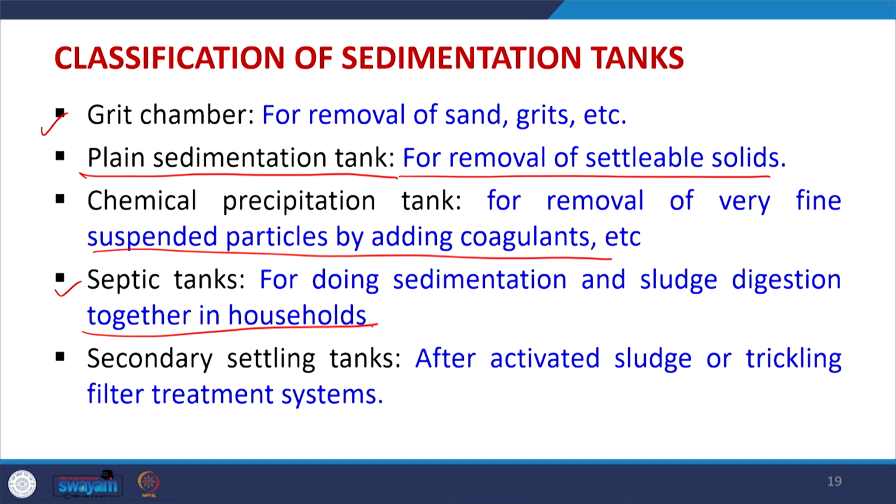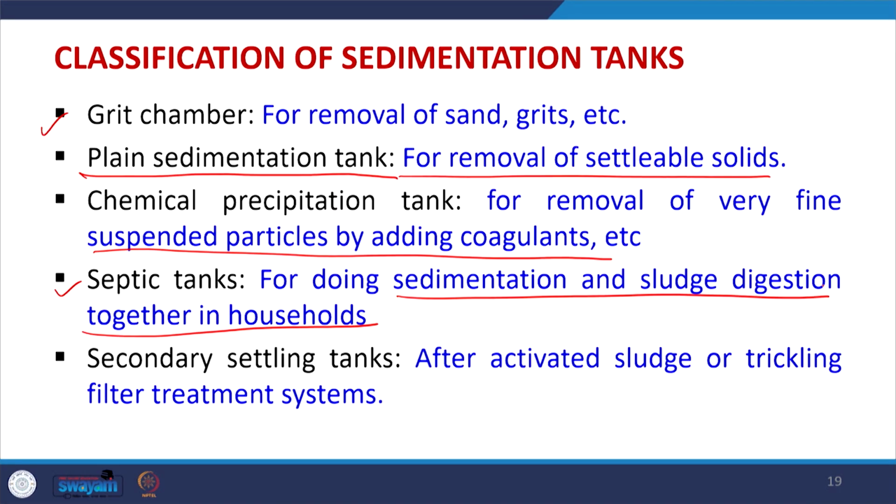This is in residences where there is no common effluent capture, so the treatment has to be done within the residence. So, we generally have septic tanks, in which sedimentation and sludge digestion occur together.